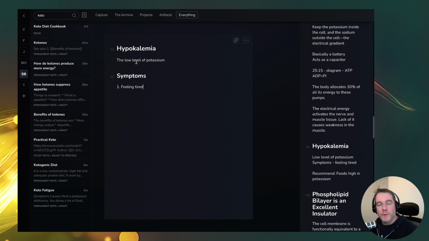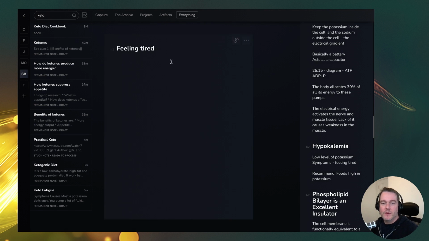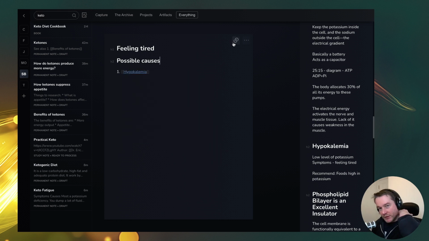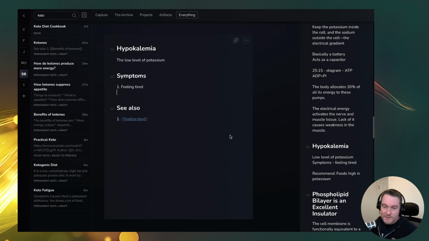So here we go, we can say see also, feeling tired. If I create that, possible causes, and we could say hypo... So now we can link that, so if I have a top level note saying, oh, I'm feeling tired, what could be the causes, you can drill in from that way.